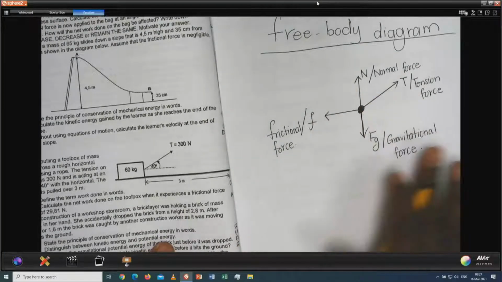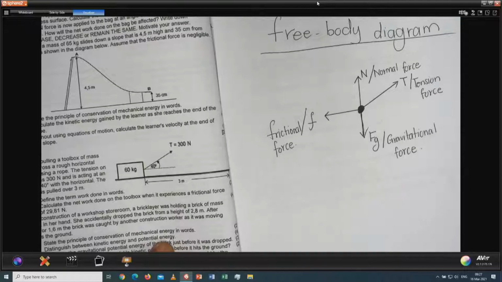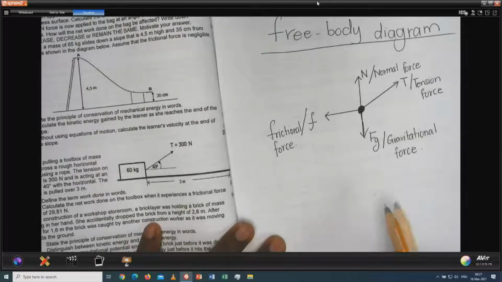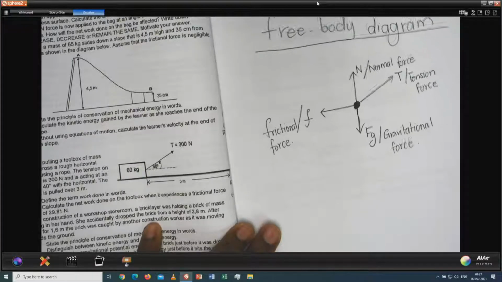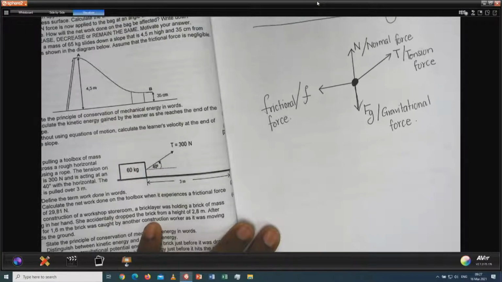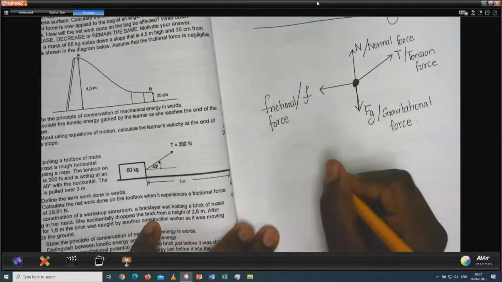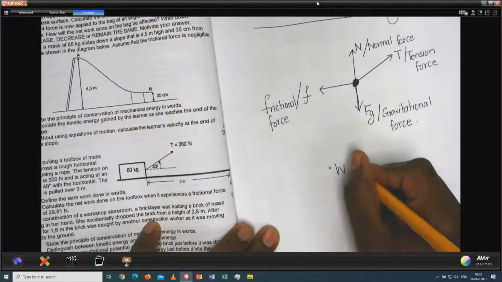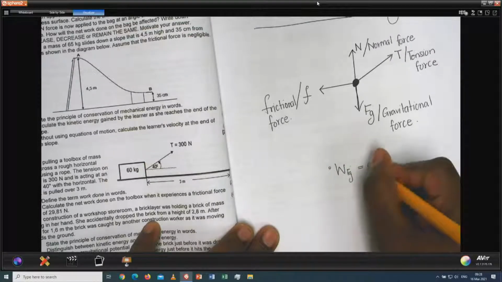Then you can already see that, okay, here are the forces that are involved. Then we go back to our definition of work, just for us to note. If the force and the motion make an angle of 90 degrees with each other, then no work is done. Then you just note for yourself, work done by gravity is 0.